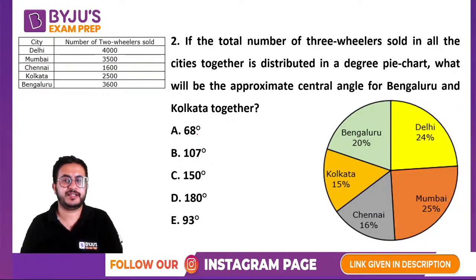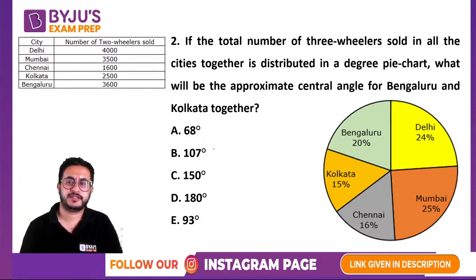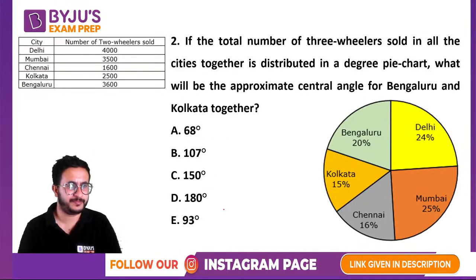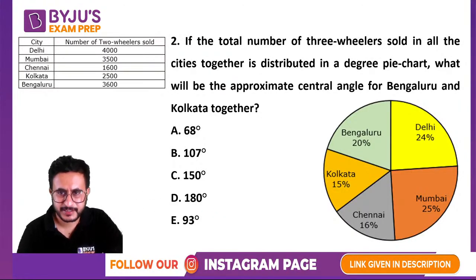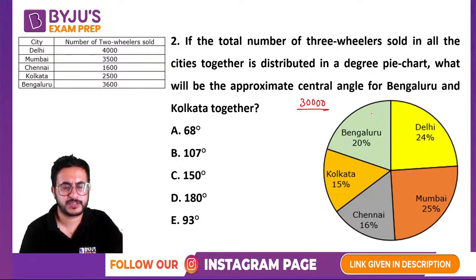Now try to think how we can do it in a better way. If you calculate the three-wheelers in all, it will take a long time. The total vehicles is 30,000.